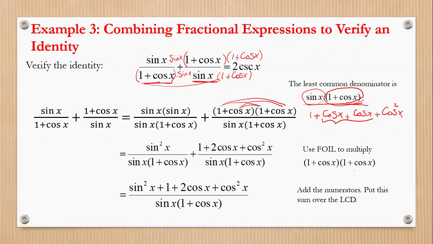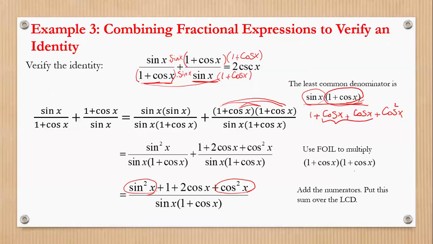Is there anything that we can simplify or add together or replace with any other identities? When I look at the whole numerator, I see that I have a sine squared plus cosine squared. And it reminds me of one of the fundamental identities, because one of the fundamental identities tells me that sine squared plus cosine squared is always equal to 1.